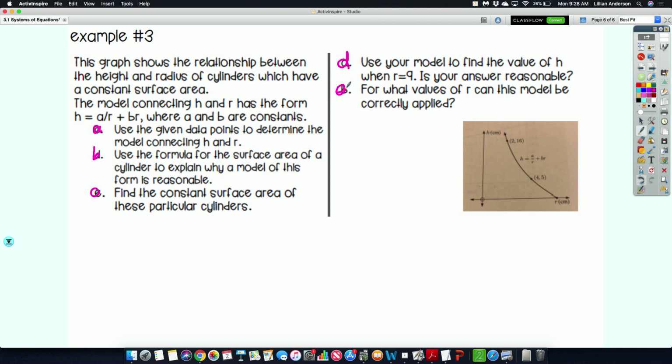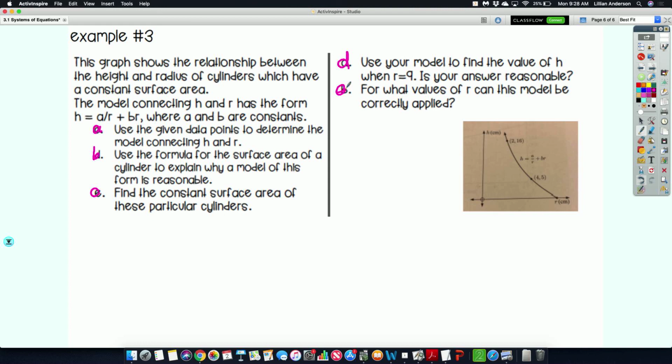So let's start here. We're going to use the given data points to determine a model that connects H and R. How am I going to create this model? I'm probably going to need some points, right?